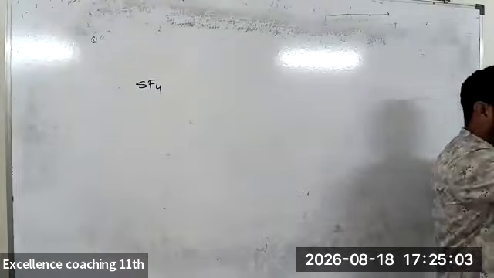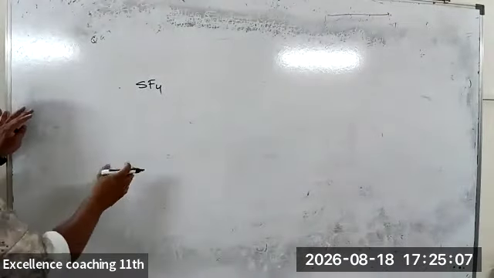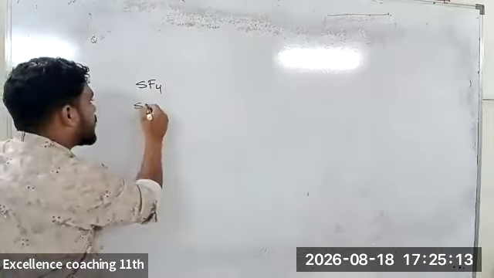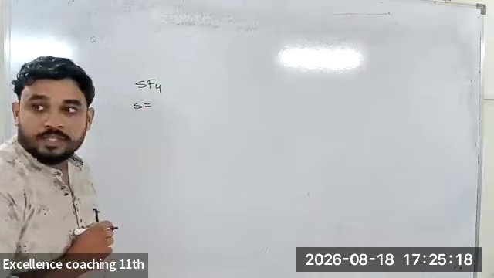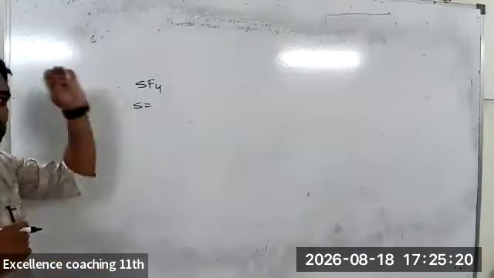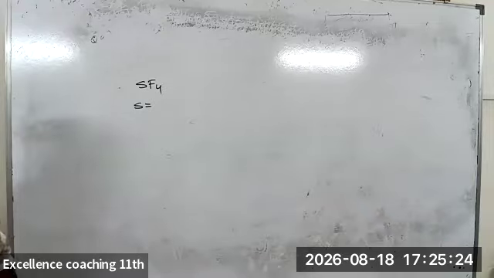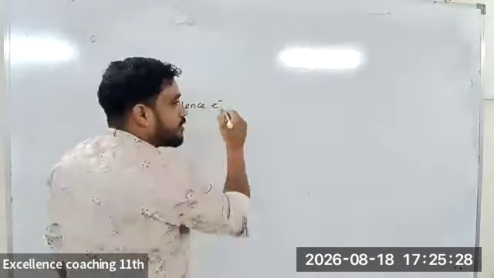Okay, now first thing, let's balance the electrons. Sulfur has 6 valence electrons.